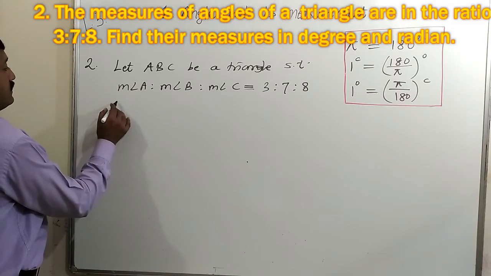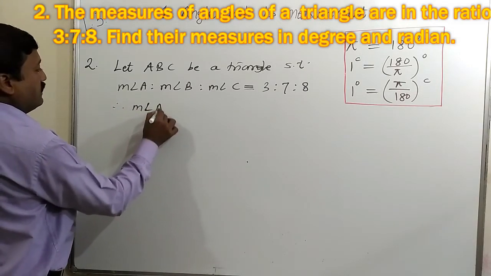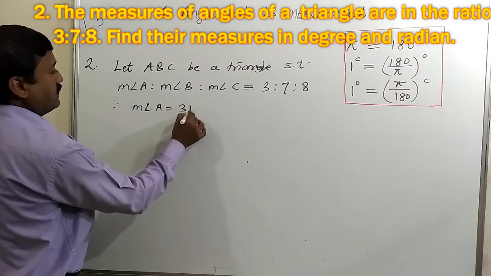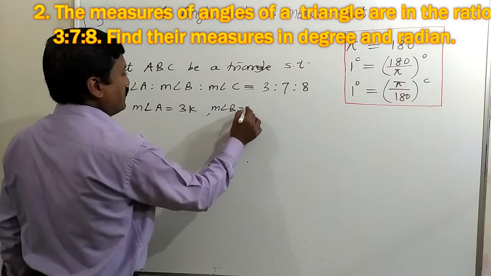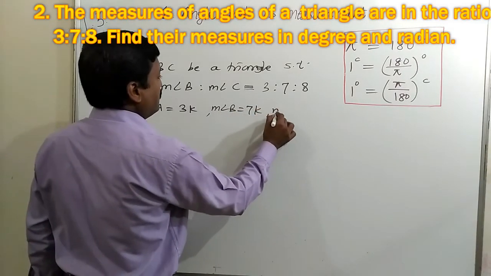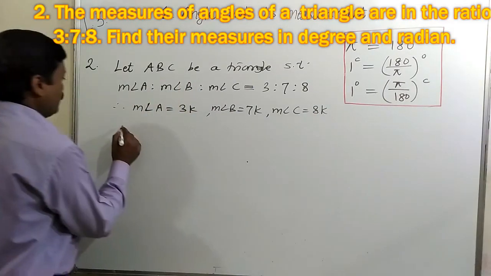Therefore, the measure of angle A is equal to 3k, the measure of angle B is equal to 7k, and the measure of angle C is equal to 8k, where k is a constant.